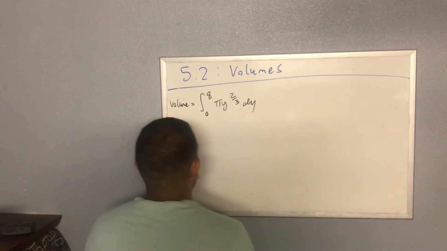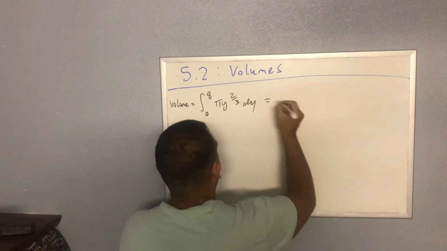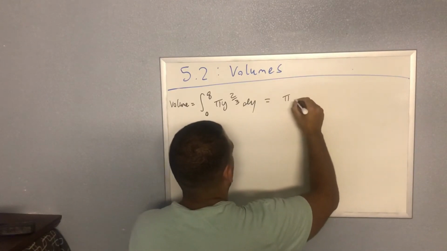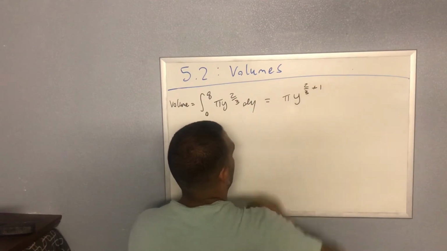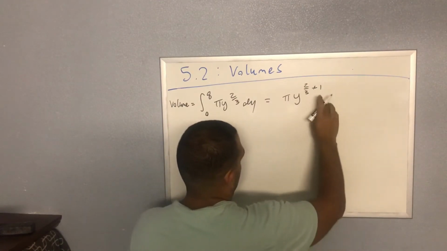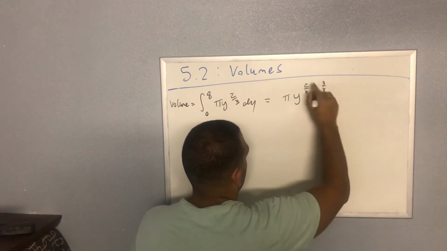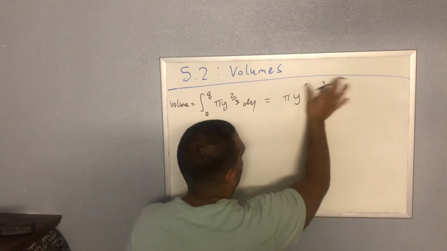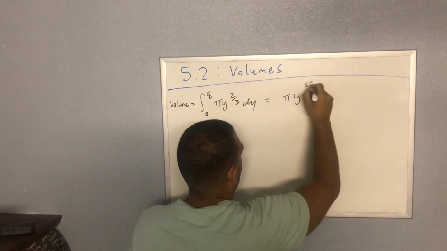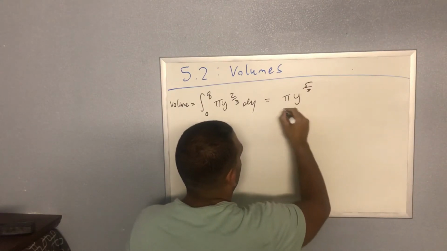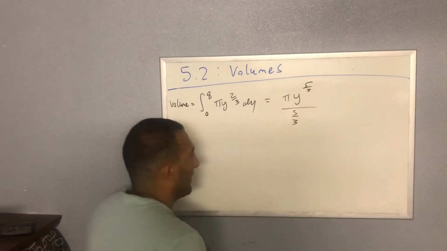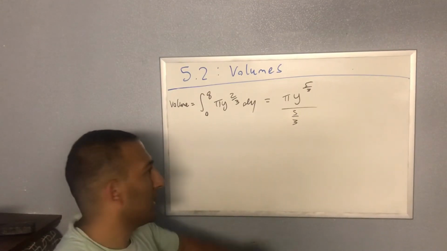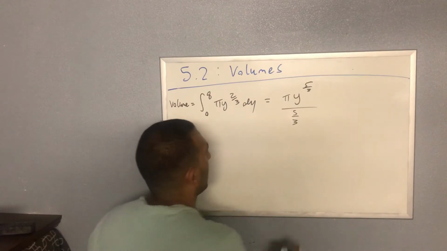And then, again, we'll be using the power rule. This is pi y to the, if you add 1, 2/3 plus 1, 1 is like 3/3, right? So this will give you 5/3 here. And then remember that you're going to be dividing by 5/3 as well. But when you do that, as you've seen a gazillion times, you just end up multiplying by the reciprocal.